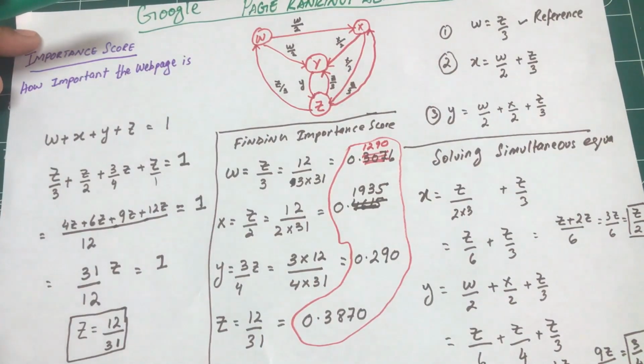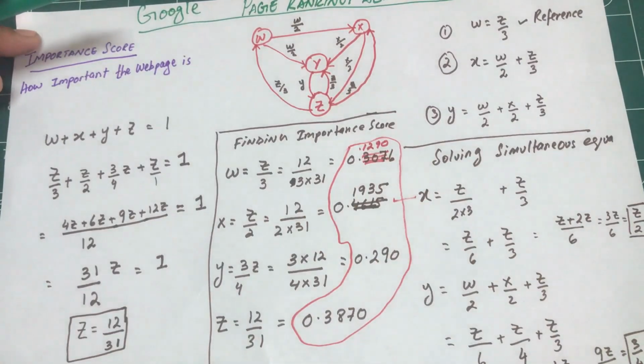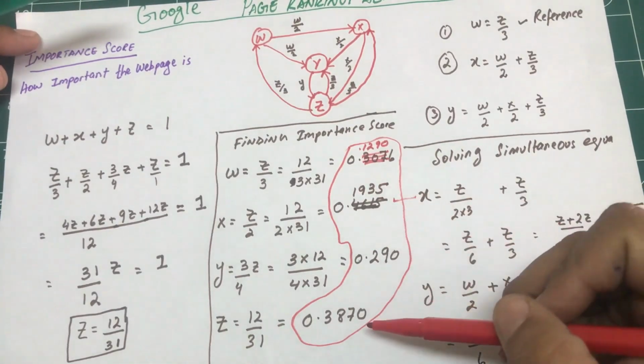Times it by 2. This is right. Actually, I was making a calculation mistake. And this is actually 3 times 12 divided by 4 times 31, and put a bracket. This is right. And 12 divided by 31 is 0.38. Yes.